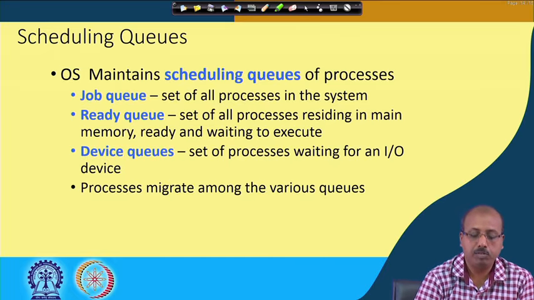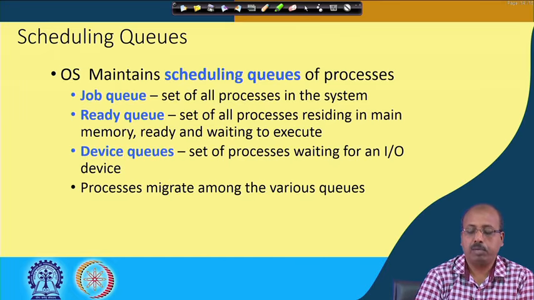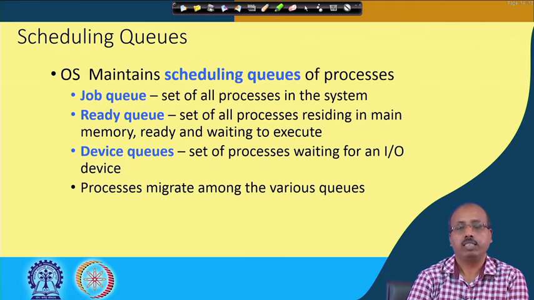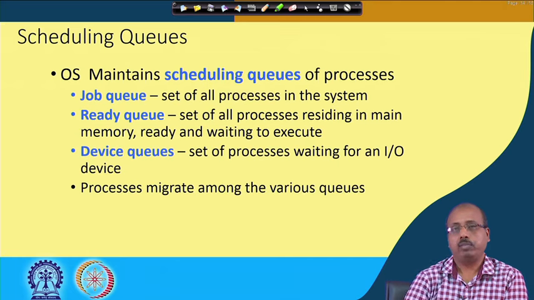So these device queues will be there, and processes migrate among various queues. Initially, when the process is created, it is put into the job queue. From there, when it has been copied onto main memory, it comes to the ready queue.